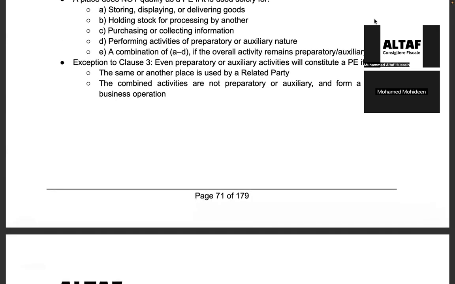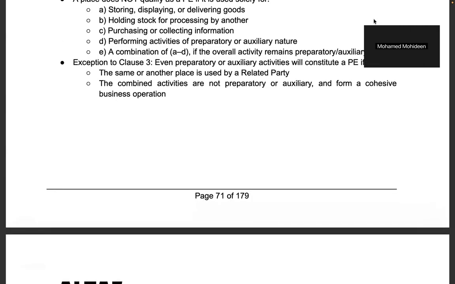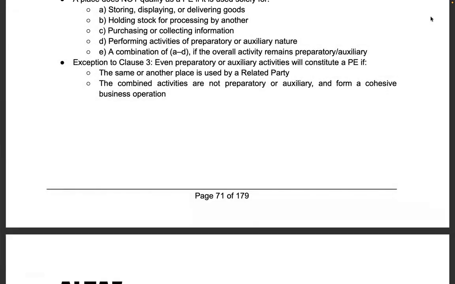Two different mechanisms, or two different places, are there in a country, and in their individual standalone capacity, they can't constitute a permanent establishment, but if they operate together, they can form a cohesive business operation.